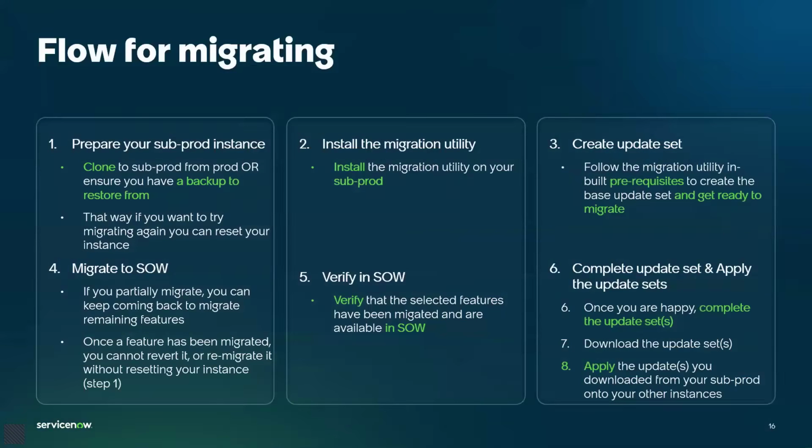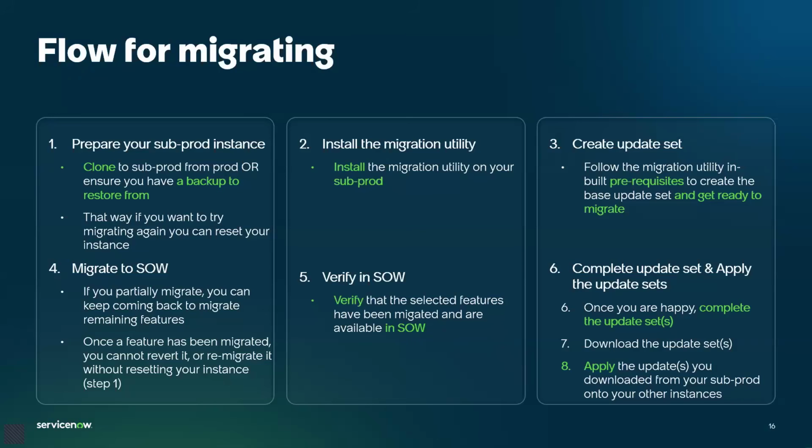Now, moving on to the flow for migrating. Here, the first step is to prepare your sub-production instance. So you clone from production to sub-prod, to ensure that you have a backup to restore from, in any case that you decide that you want to do the migration again.